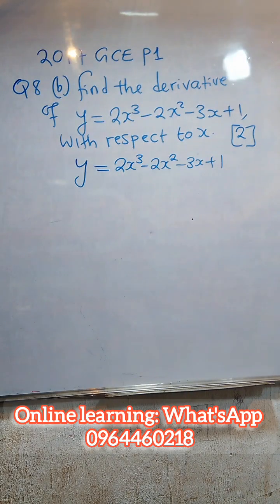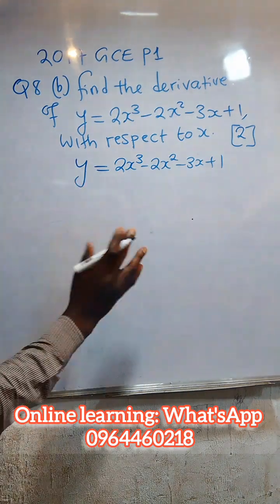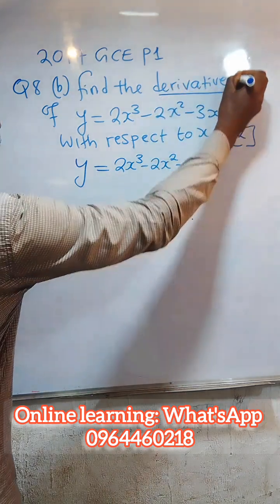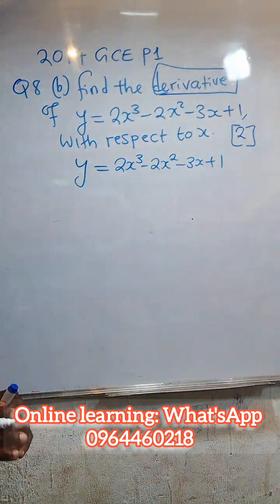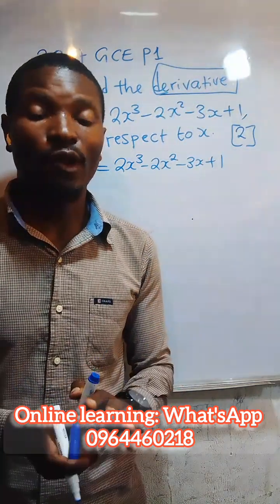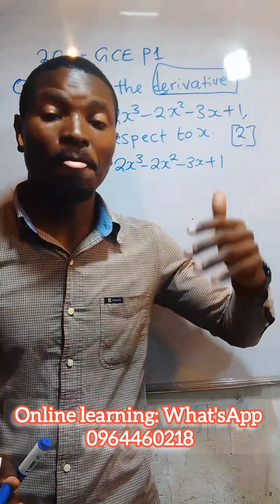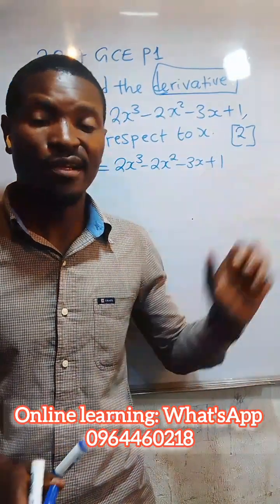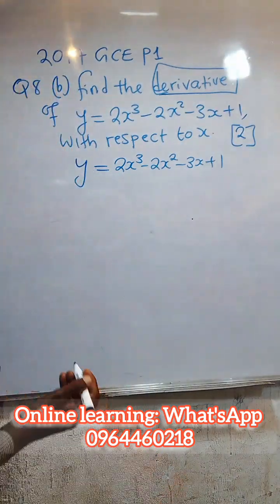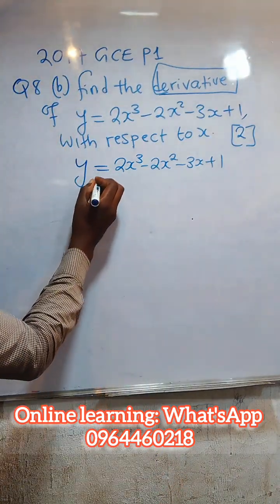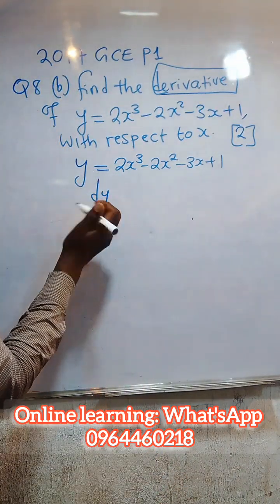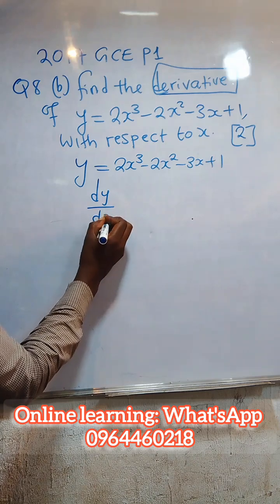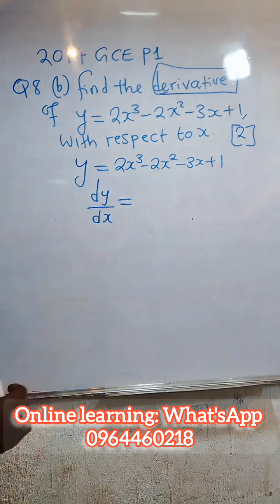Now, what you need to understand is the differentiation. When they say derivative, all they are saying is differentiate. Find the differential of this function. So from there, we say dy over dx equals.